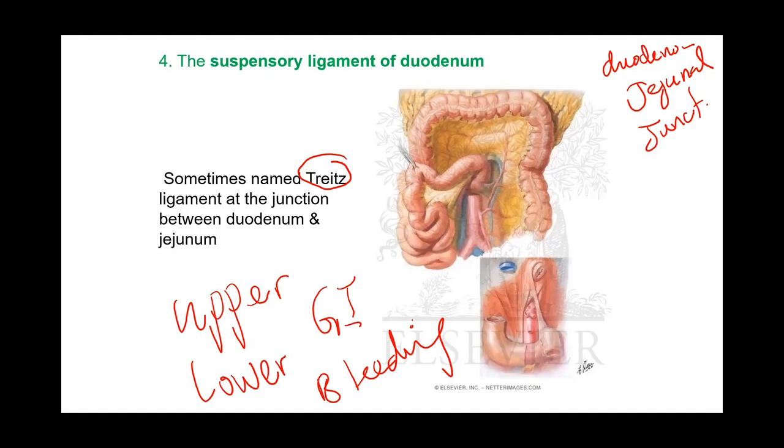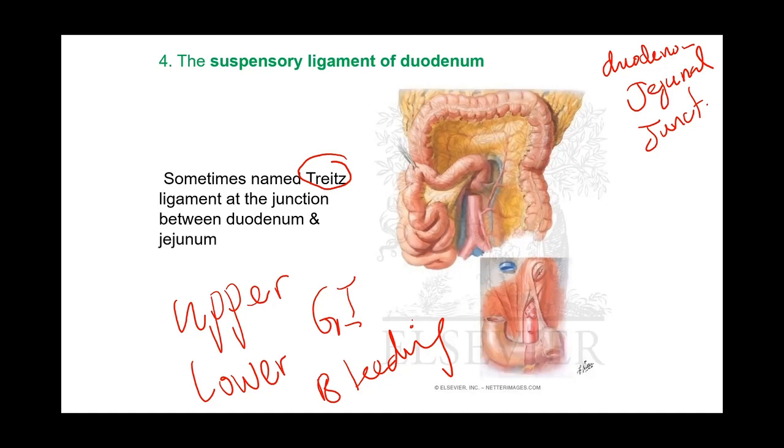Bleeding above the ligament of Treitz is termed upper GI bleeding. Bleeding below the ligament of Treitz is termed lower GI bleeding. This junction is called the duodenojejunal junction. I'll give you an assignment.